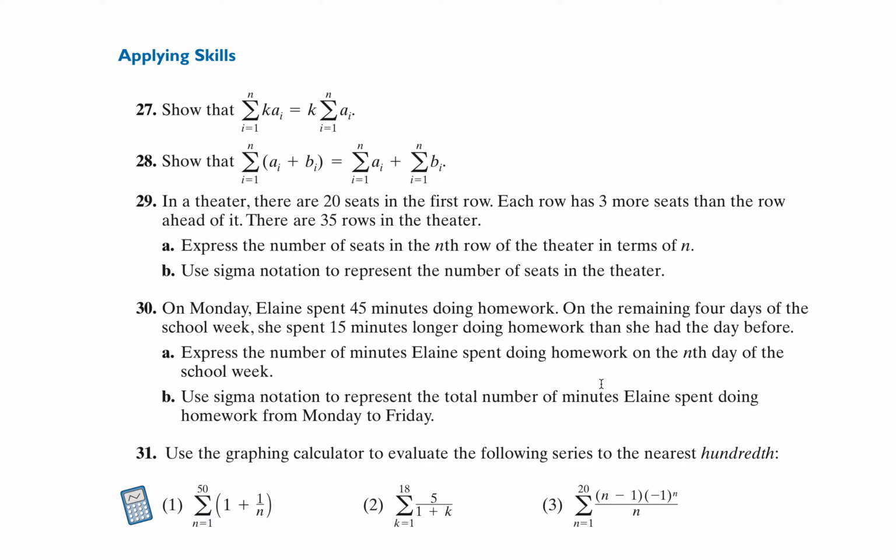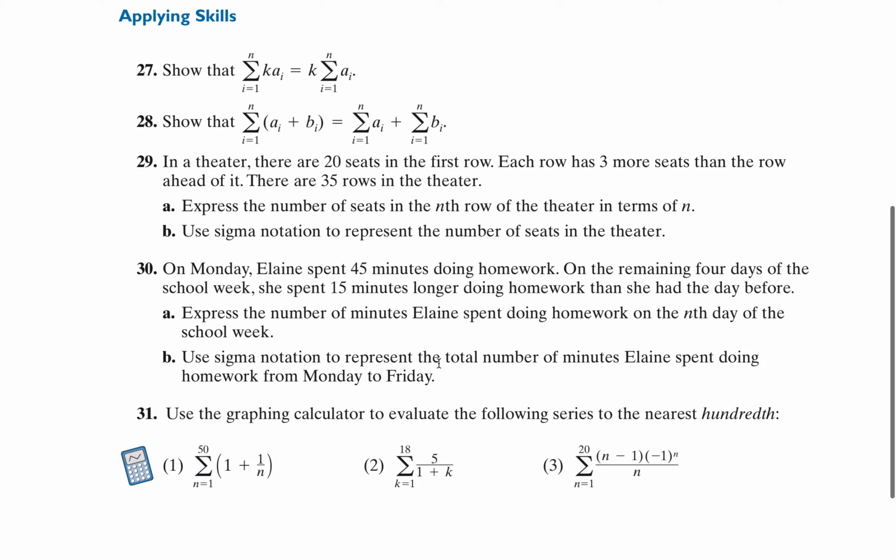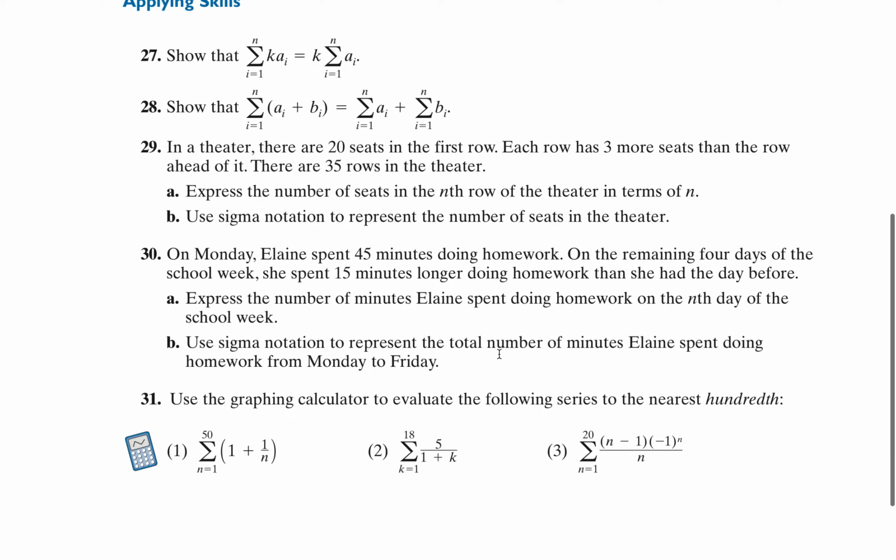We have the following sum: 45 plus 60 plus 75, and so on, until the last day of the week, which is the 7th day. 6 times 15 is 90, then 105, 120, 135.